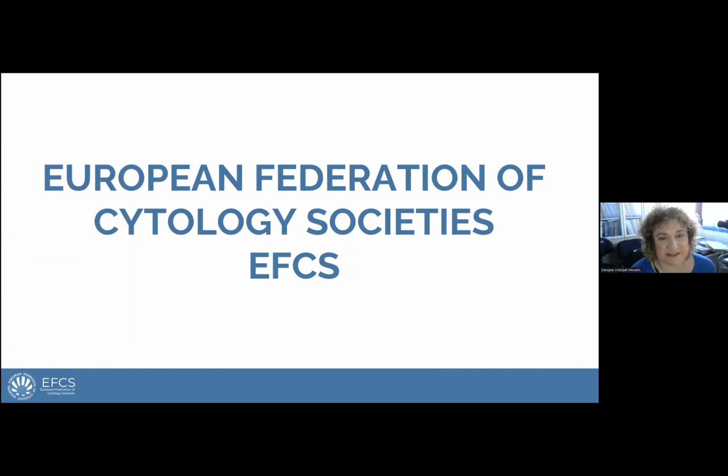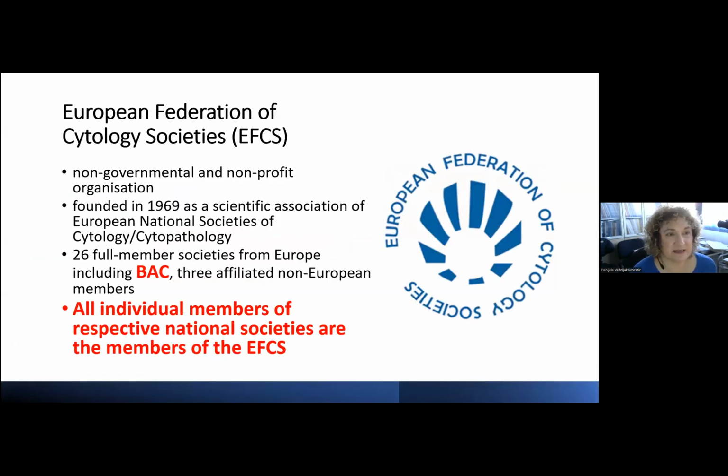But first, I would like to take the opportunity for a few minutes to talk about the European Federation of Cytology Societies, as we call it, EFCS. So what is EFCS? It is a non-governmental and non-profit organization. It was founded in 1969 as a scientific association of European National Societies of Cytology or Cytopathology.